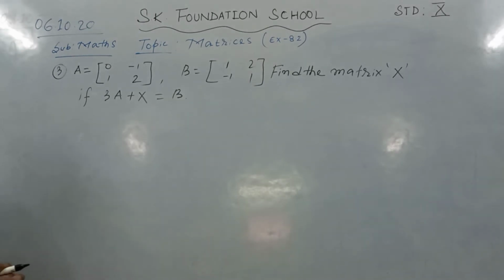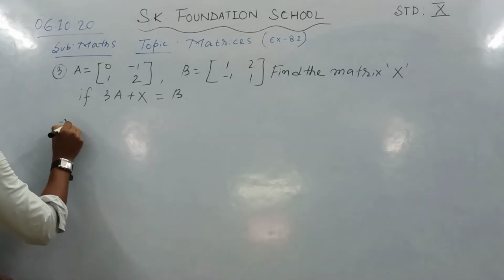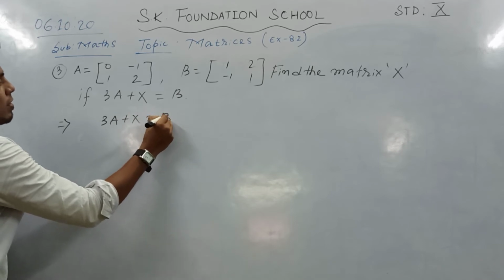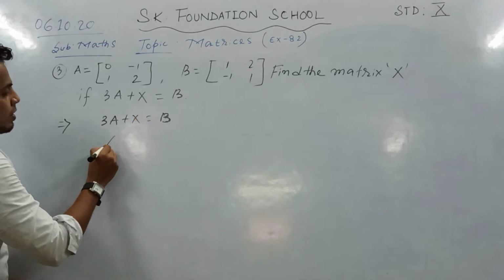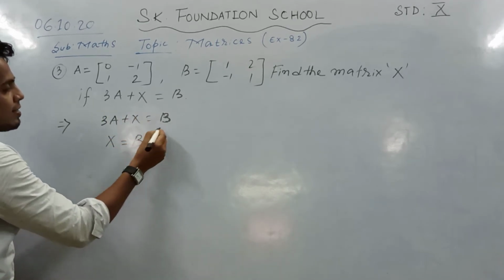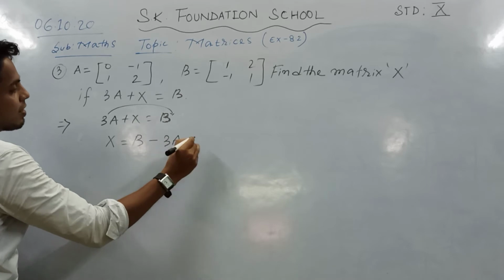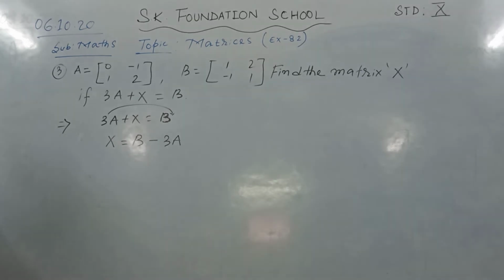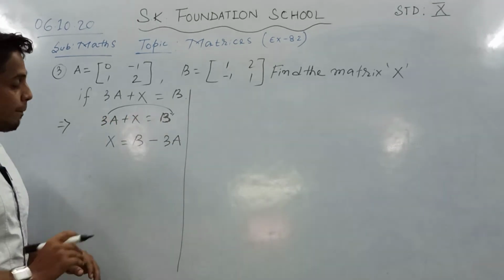First we are going to arrange this equation. It is given 3A + X = B. Because we are going to find the value of X, we keep X on the left hand side, B as it is on the right hand side, and 3A goes to this side, so now it is minus 3A. So X = B - 3A.